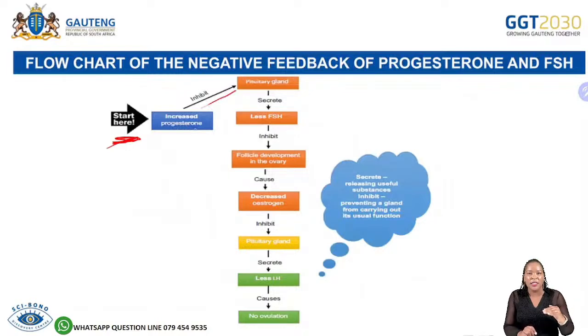This information is going to reach the brain, the pituitary gland. As the blood passes through the pituitary gland, it is going to detect that there is a high amount of progesterone in the blood. Therefore, what is it going to do after it detects that? It is going to secrete less.